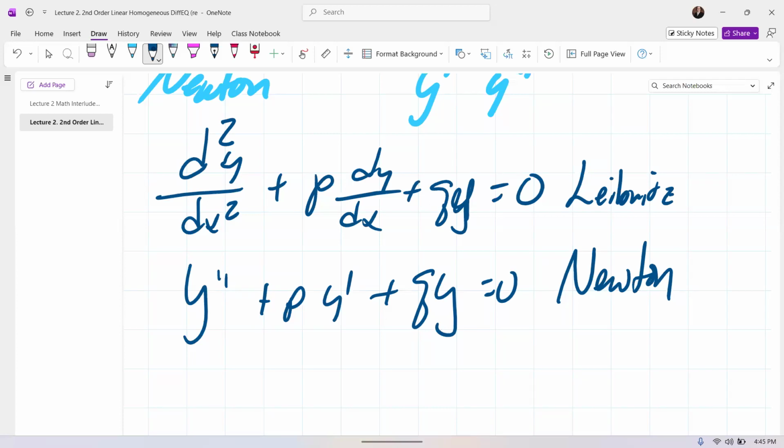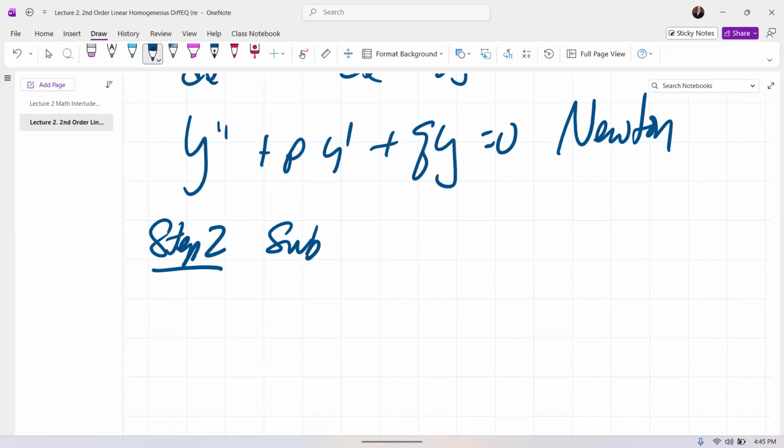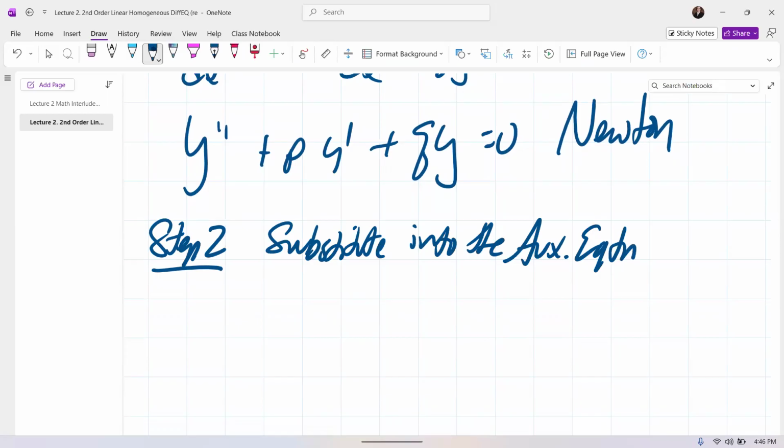So step 2, then: substitute into the auxiliary equation. Now, if you know how to solve the quadratic equation, then you can solve this.